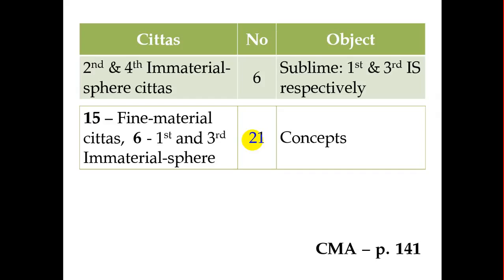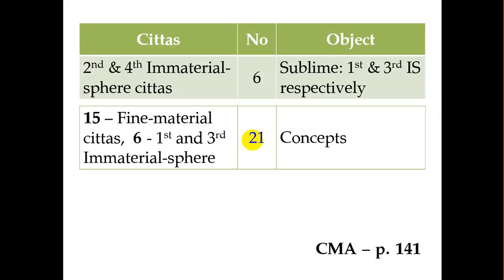Here, nothingness does not mean sunyata. Nothingness means the moment you attain the second immaterial jhana, there is no first immaterial jhana, right? Very subtle. So therefore, the first and third immaterial jhanas take a concept.